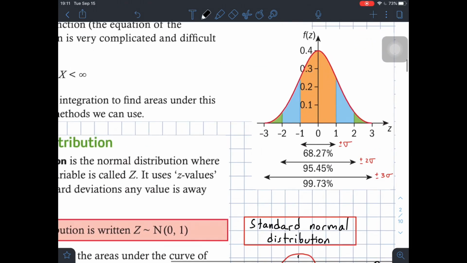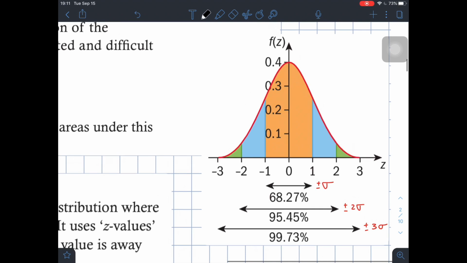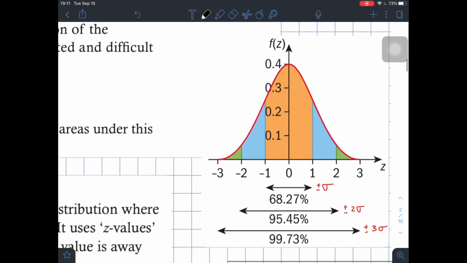Okay, here's a very important thing about the normal curve distribution. If you look at this graph, you would see that it has a mean of 0 and a standard deviation equal to 1 in this case, right? Because we're considering one standard deviation here, one standard deviation here.